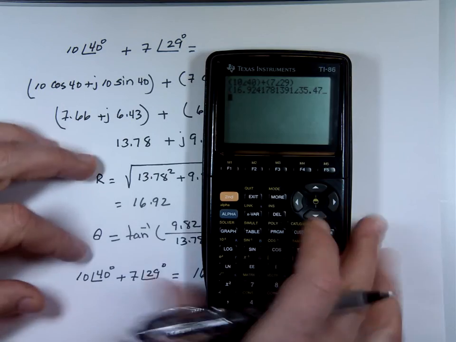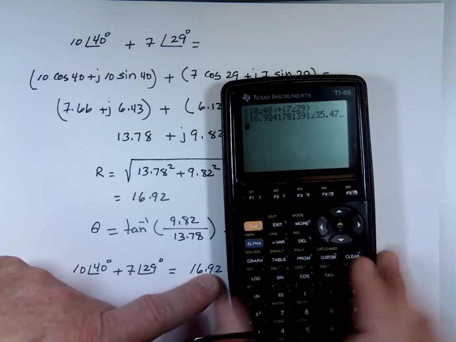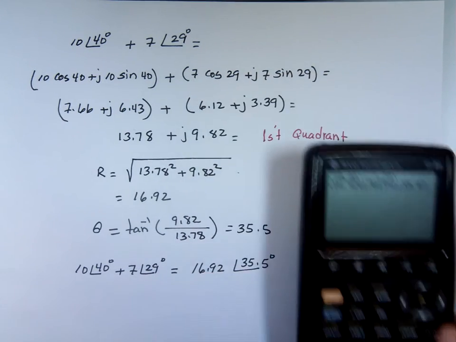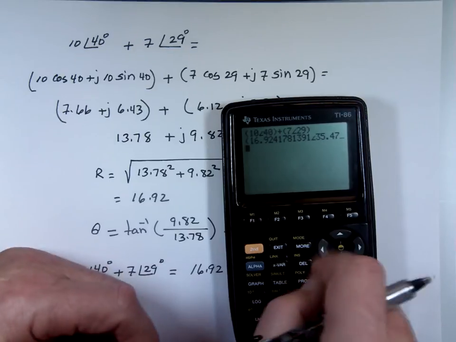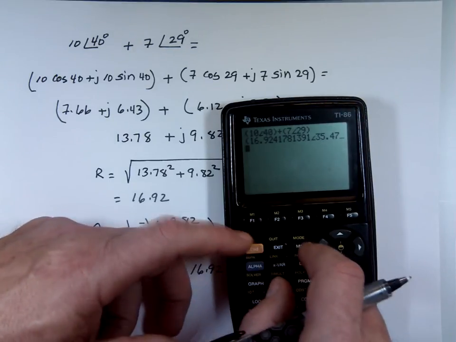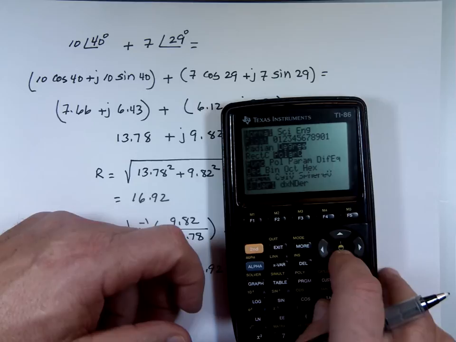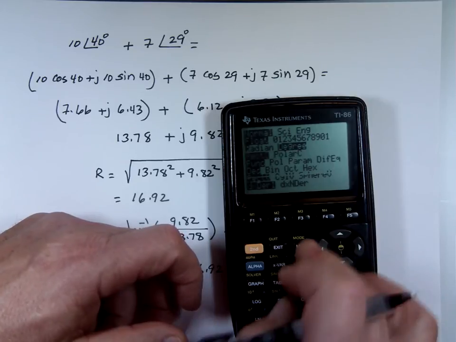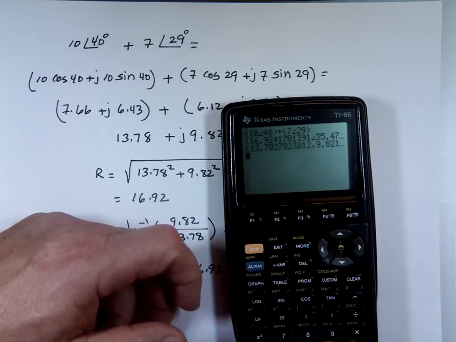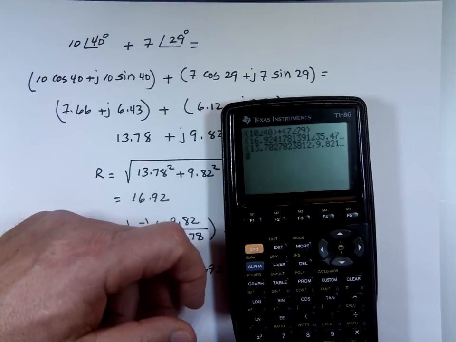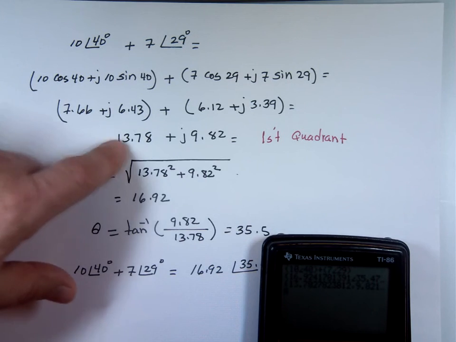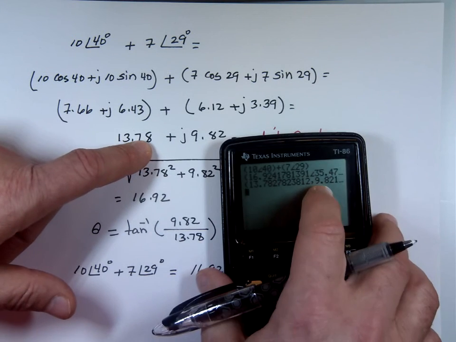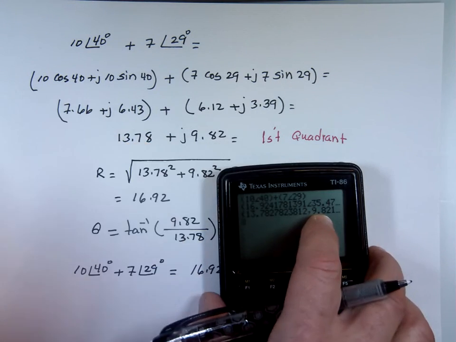And what's the angle? 35.47, 35.5. And you're in polar, right? Okay. You want rectangular? Switch the mode. Get out of this and hit enter again. It converts that. Notice 13.78. Is that what we got? 13.78. And the imaginary portion is what? 9.82. So much easier.